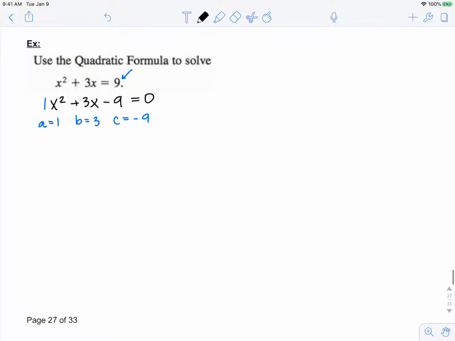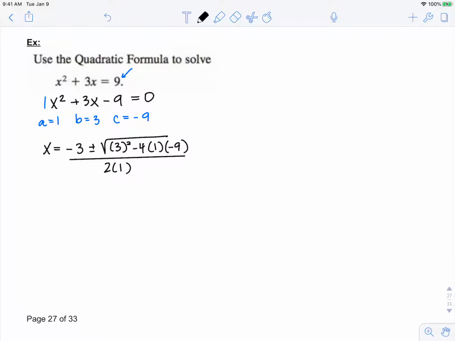So plugging into my quadratic formula, x equals negative b plus or minus the square root of b squared minus 4ac, all divided by 2a.